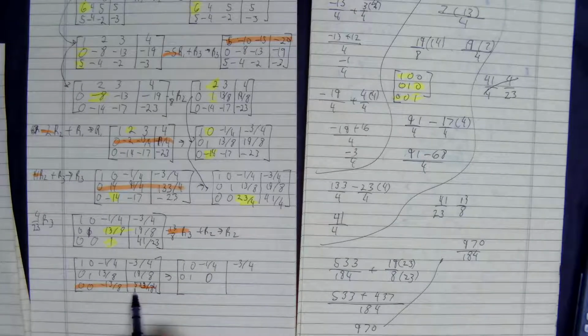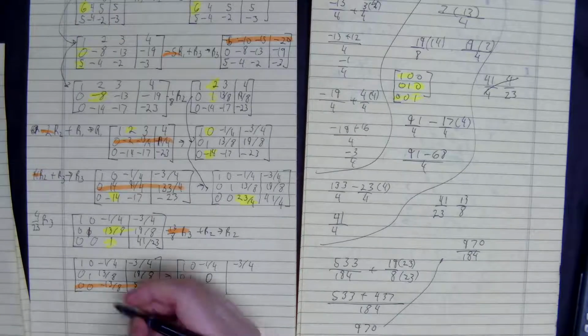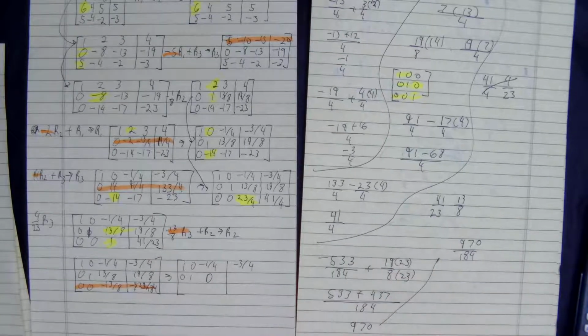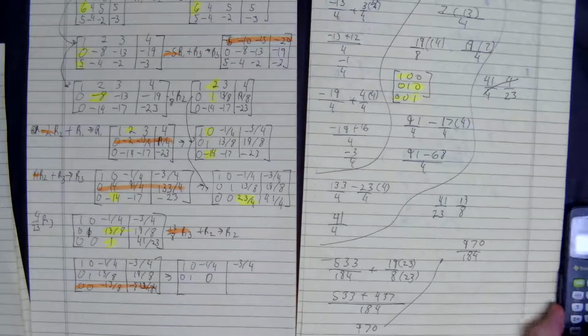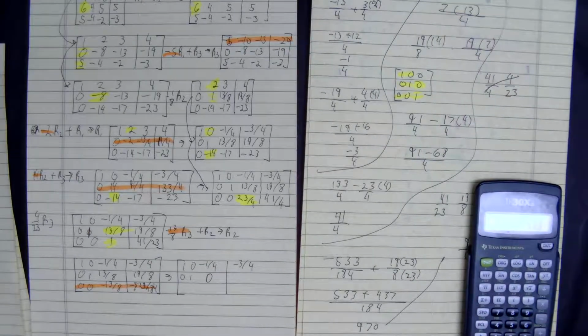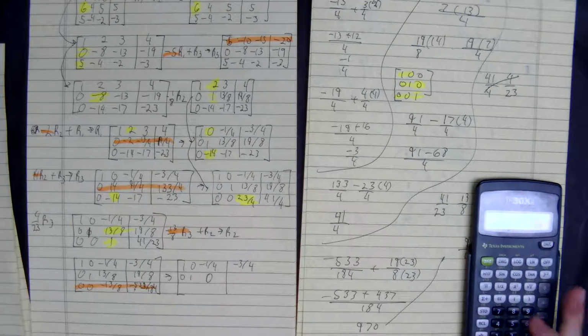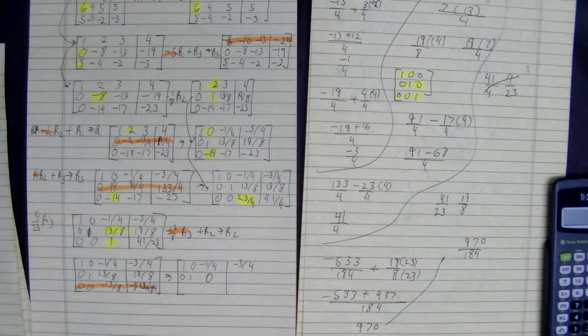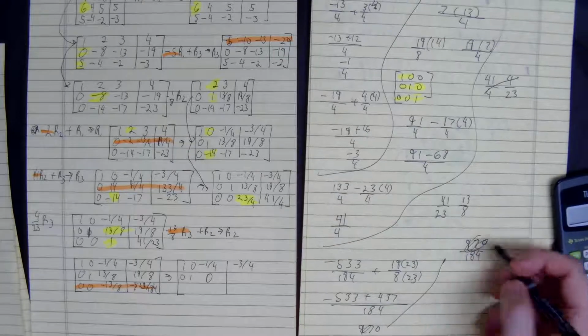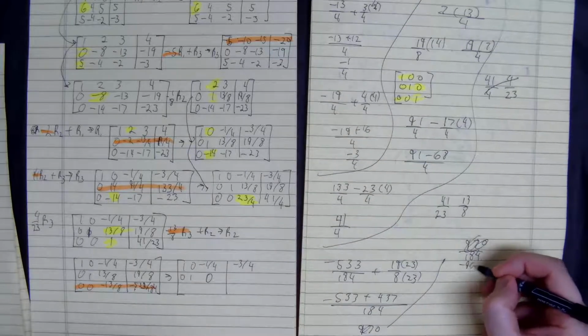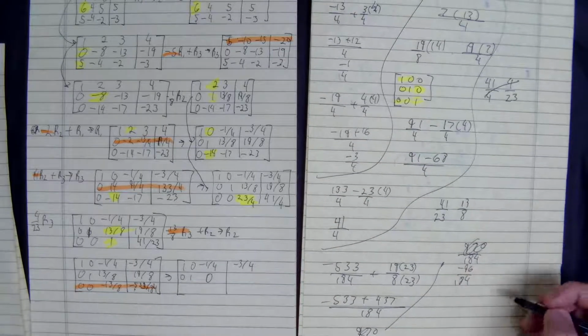Oh, I feel like I multiplied by a negative, and I never made that negative. I see it now. I just remember doing this. So 533 negative, that had to have been a negative, good thing you see, that's why I highlight, plus 437, gets you negative 96. That makes my life a little easier. Negative 96 over 184, they're both even.